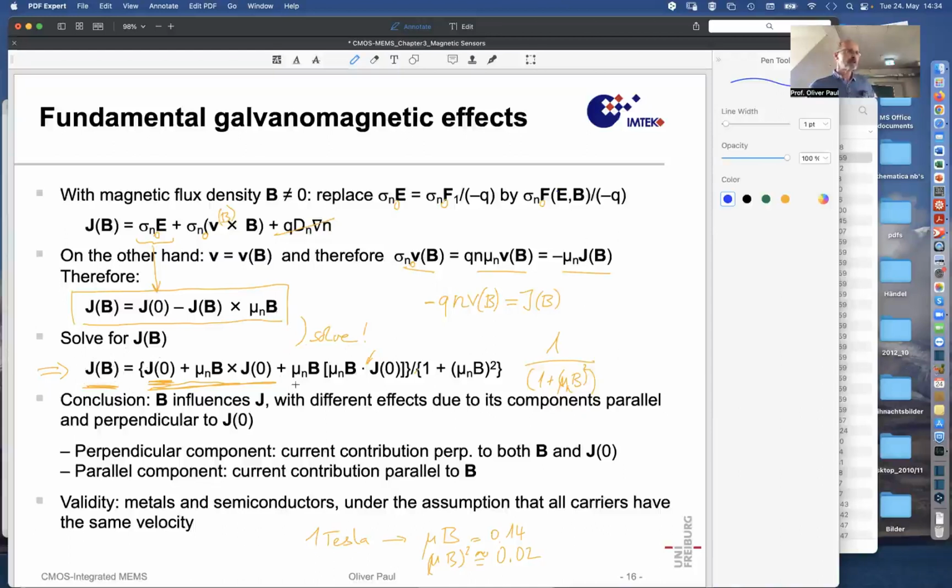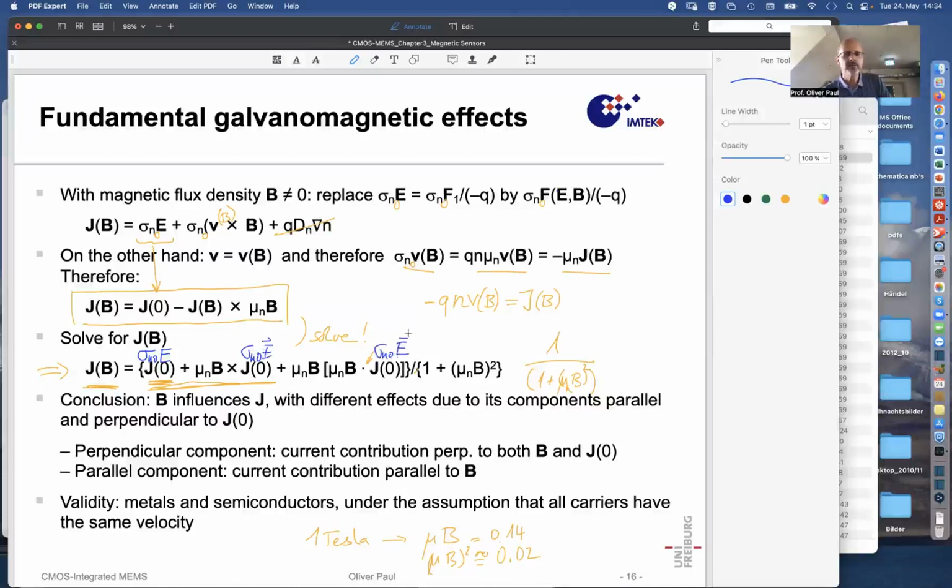Okay, so we have seen yesterday, interestingly, that we can calculate the effect of the Lorentz force on the carrier motion, in the form of an expression that relates the current density with magnetic field to the current density before the magnetic field was switched on, without magnetic field. And I can even write this as sigma n0 E, and everywhere else, sigma n0 E, and the same here.